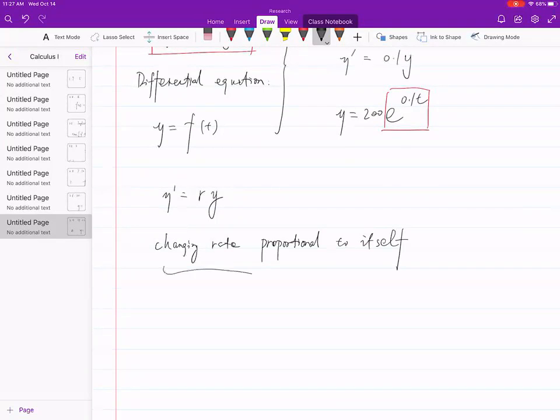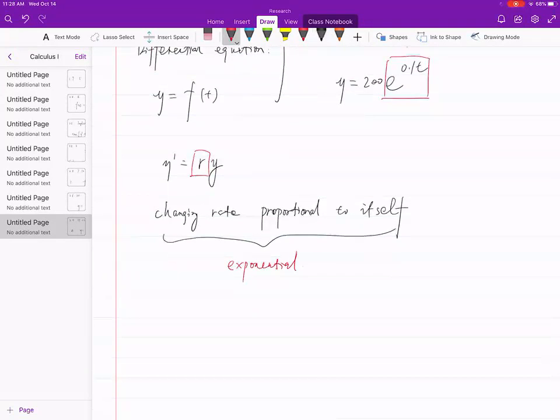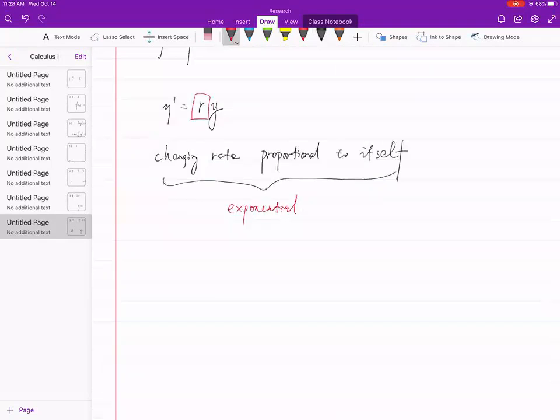As long as they satisfy this, proportional means times r, it's going to be exponential. If it grows proportionally, it's exponential growth. If it's decay, you have a negative changing rate proportional to itself, it's going to be exponential decay. Sounds good?